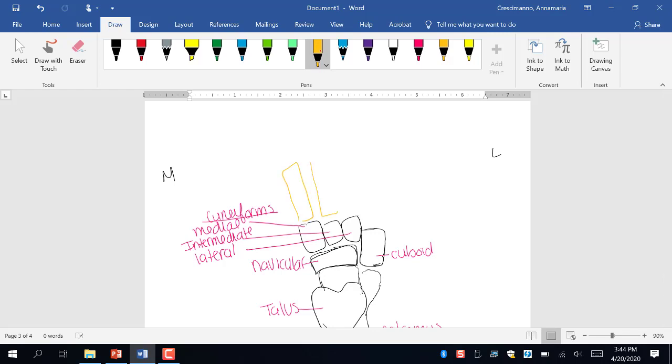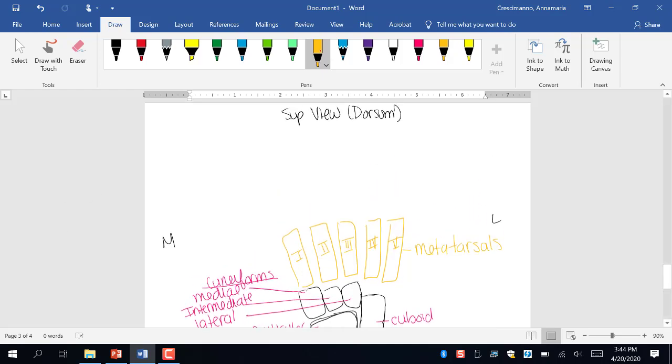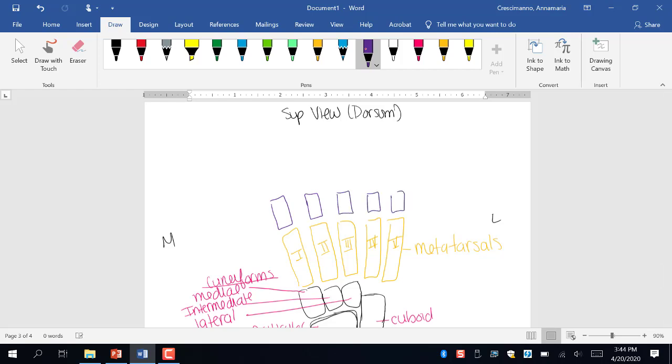So in orange here, I have my metatarsals. And then in my toes, I have my proximal phalanges. I'll write the singular form since that's how you would answer on an exam.